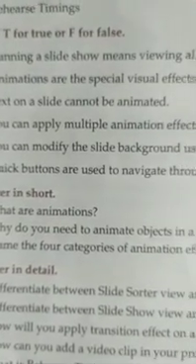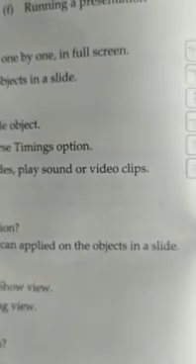Okay, now three questions are provided, answer in short. What are animations, and why do you need animation effects in a presentation? The third question is: name four categories of animation effects that can be applied on an object in a slide. So let's see the three questions, answer in short.